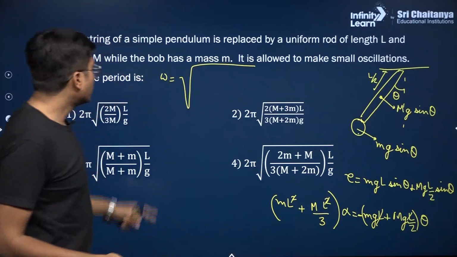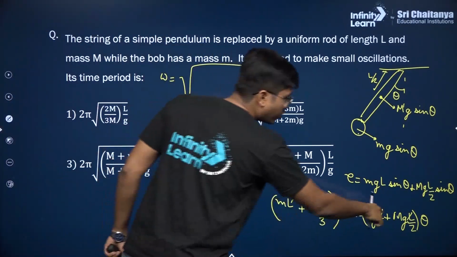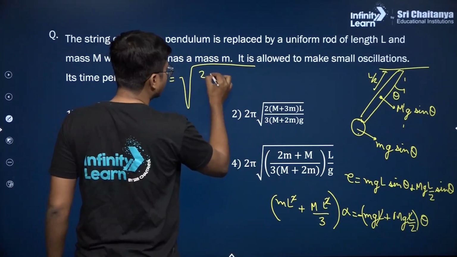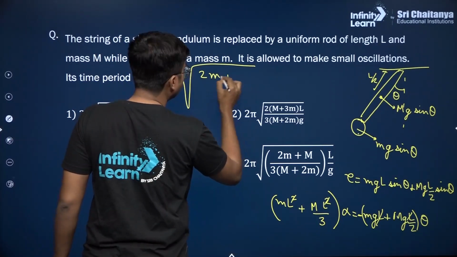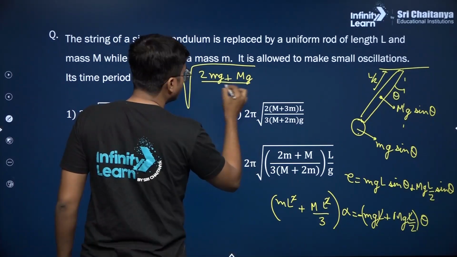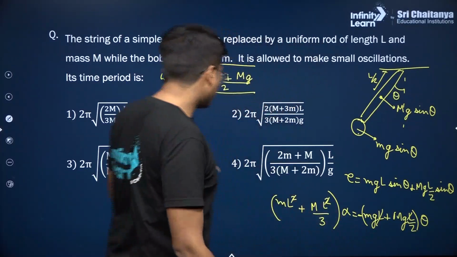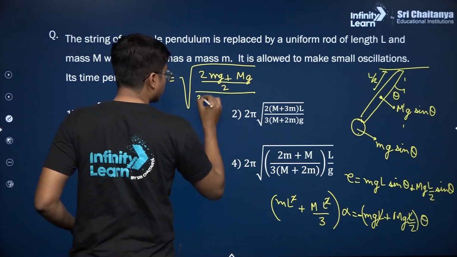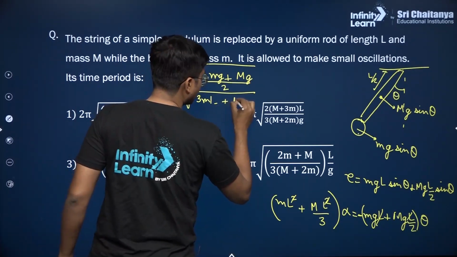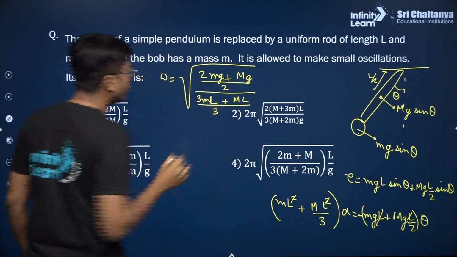So the root over of that quantity, which is mg plus MgL by 2, so 2m plus M divided by 2, and the lower part, the denominator, would be 3m plus M, the entire thing, divided by 3.